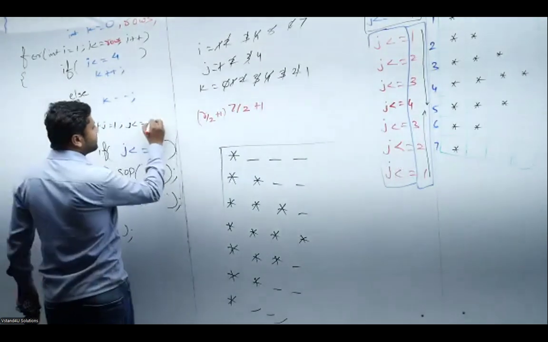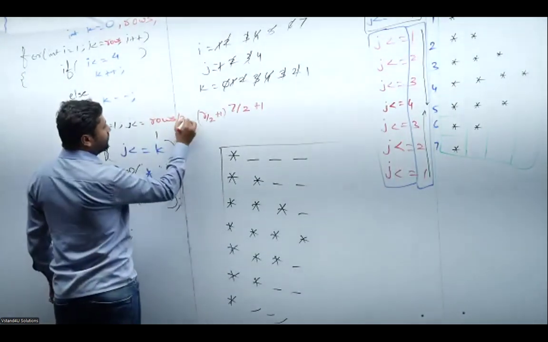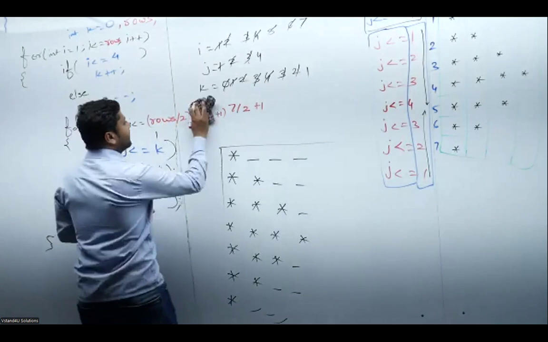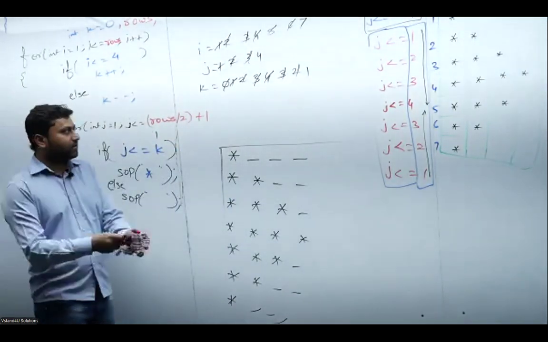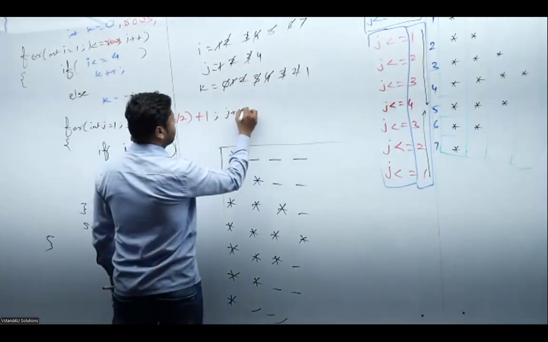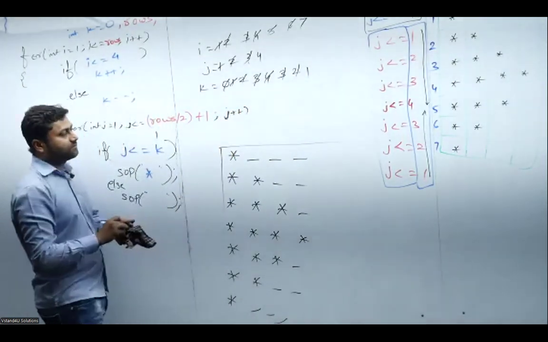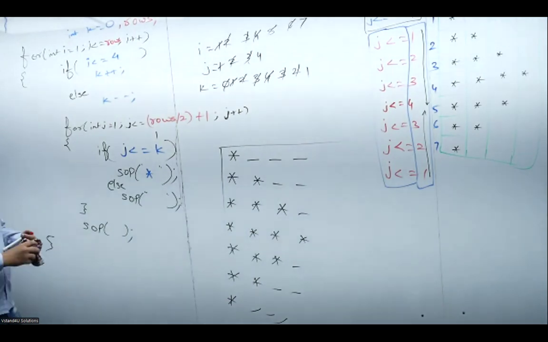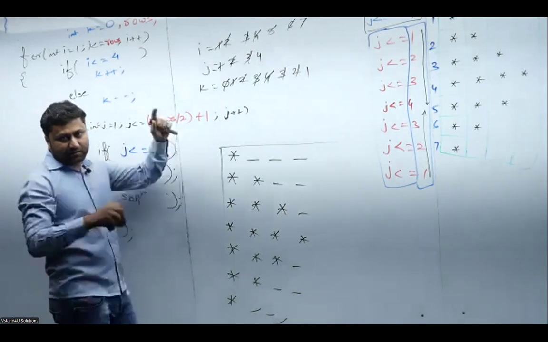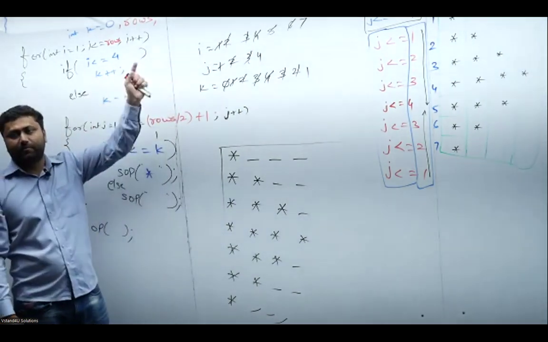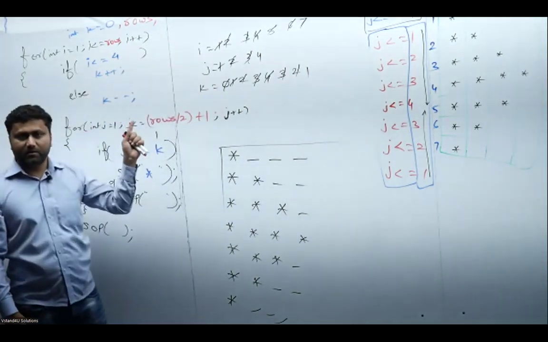Sir, first you calculate rows by 2. Whatever comes in that, you say plus 1. After that, j. Am I right? Clear? Sir, should I do the same here also? See, rows by half. That 7 by half is 3.5. We'll consider 3 plus. Am I right? Sure.